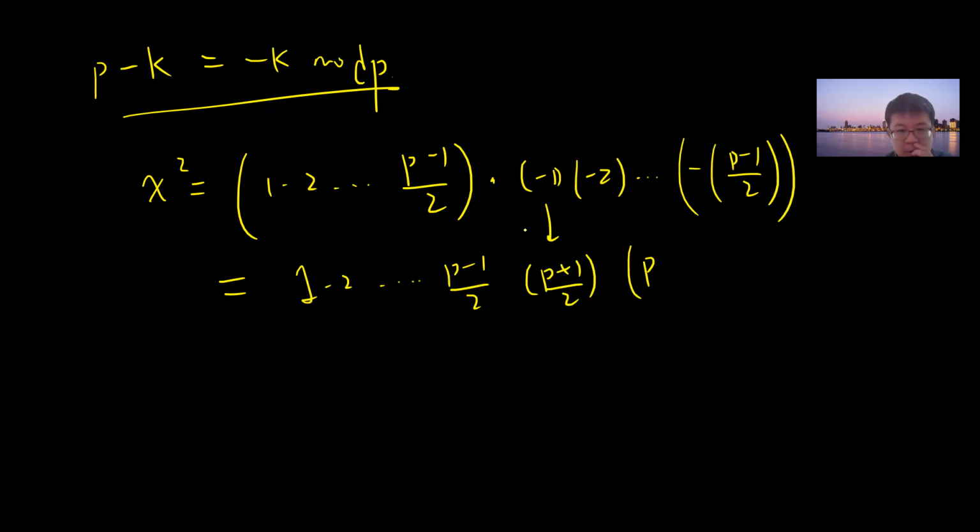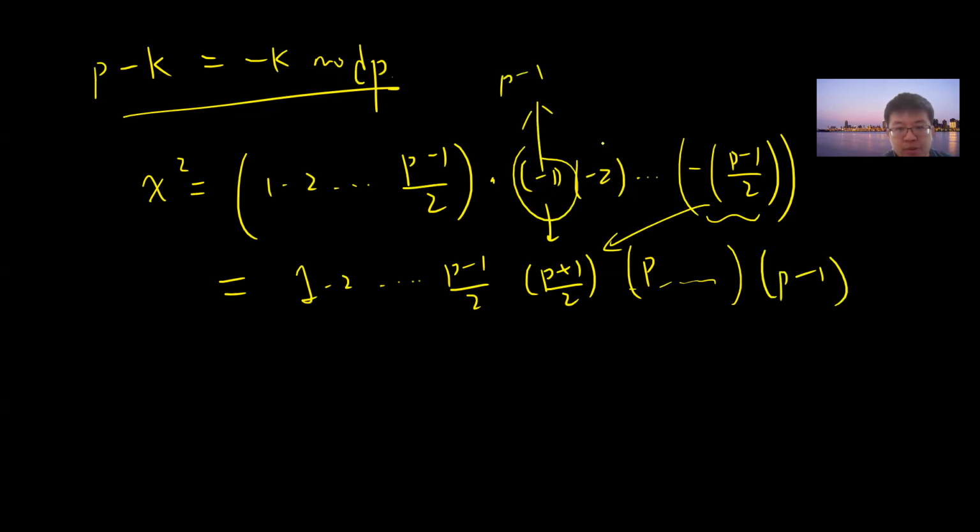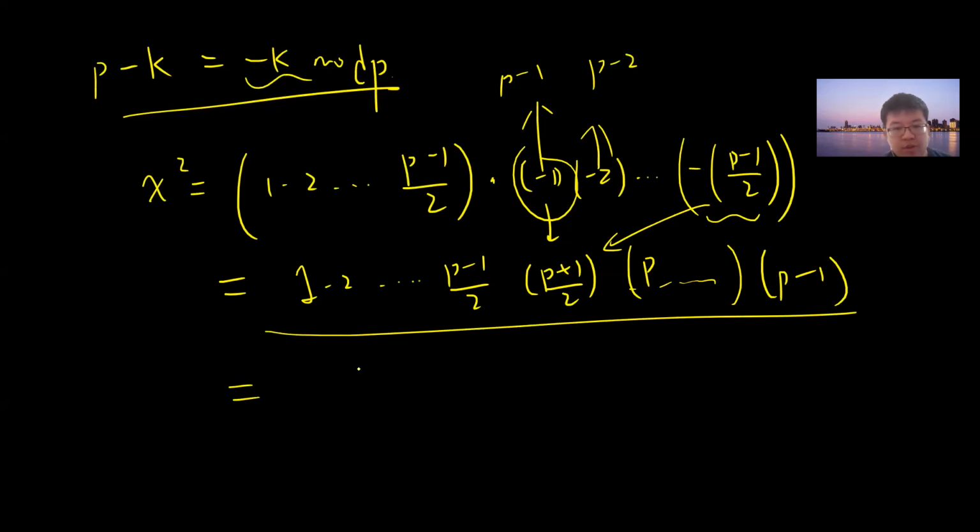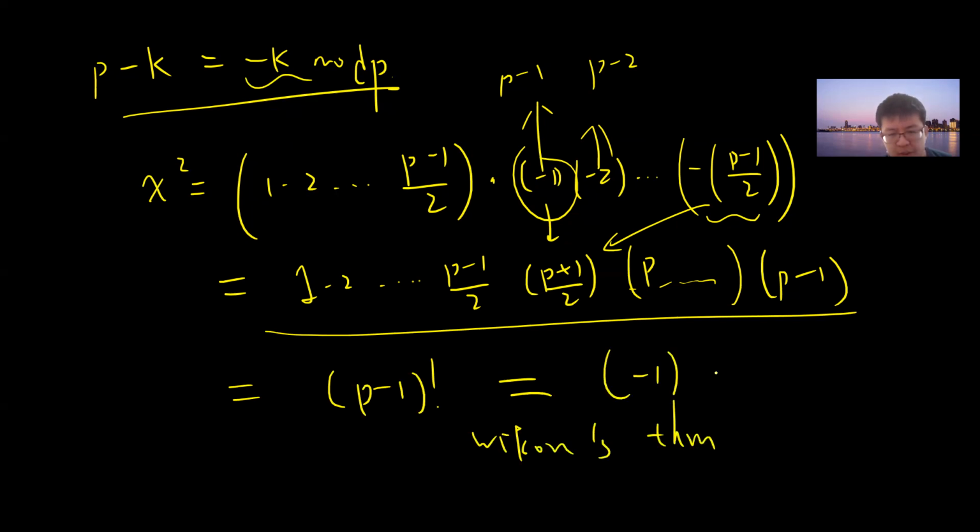So this is minus k, right? So minus 1 in terms of change to P minus 1, minus 2 in terms of P minus 2, and keep going. Okay, so combine all of it, you get P minus 1 factorial. And then by Wilson's theorem, this is minus 1 mod P.